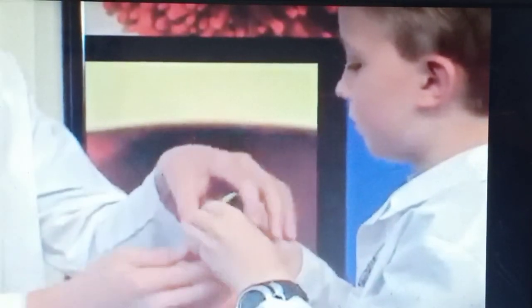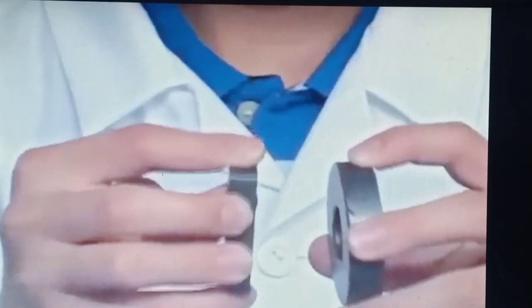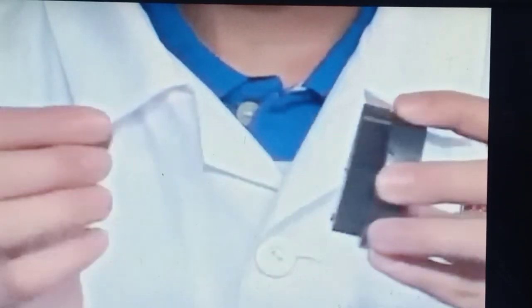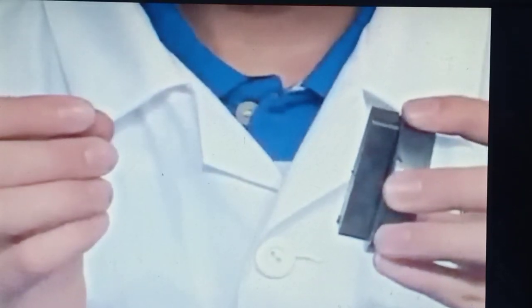David tried putting these magnets together. This way, they will not go together because they are fighting. The other way, let's turn one around and they will go together.